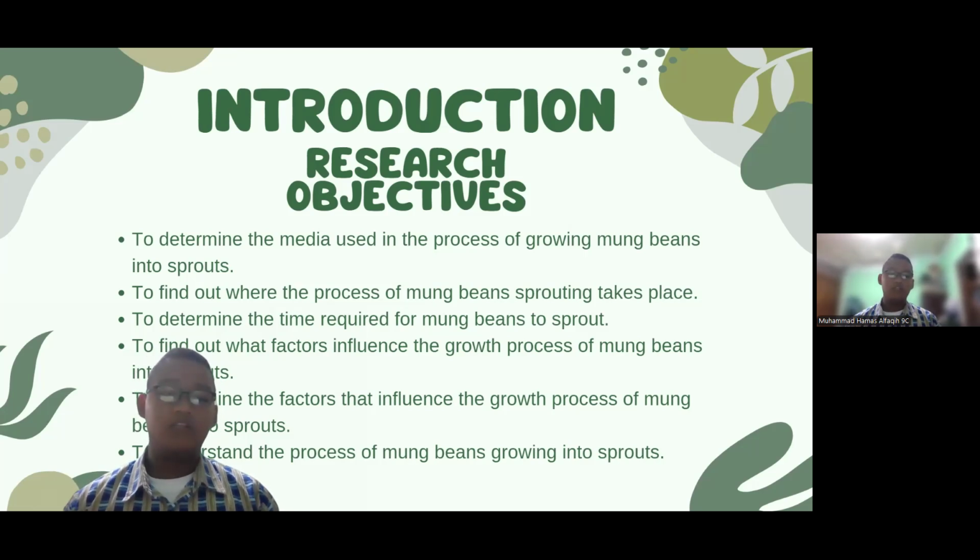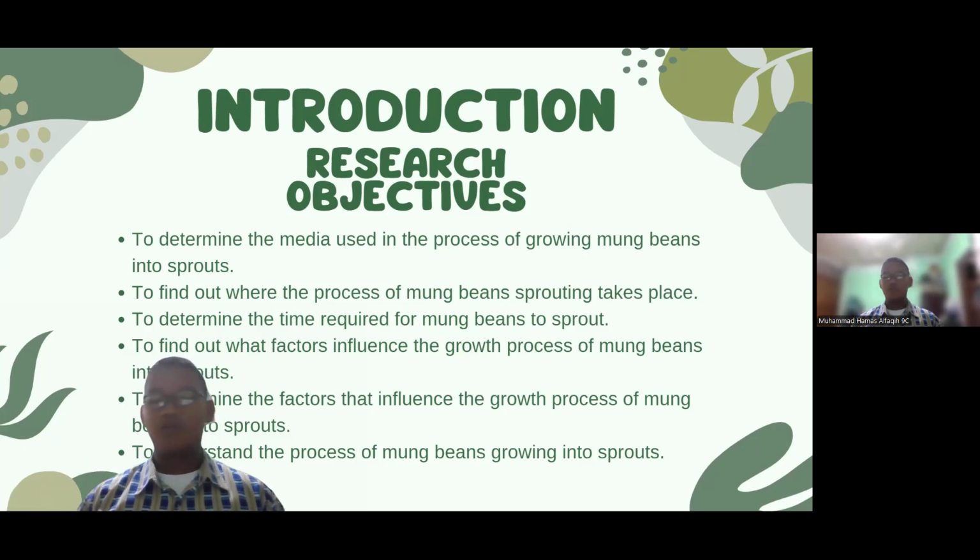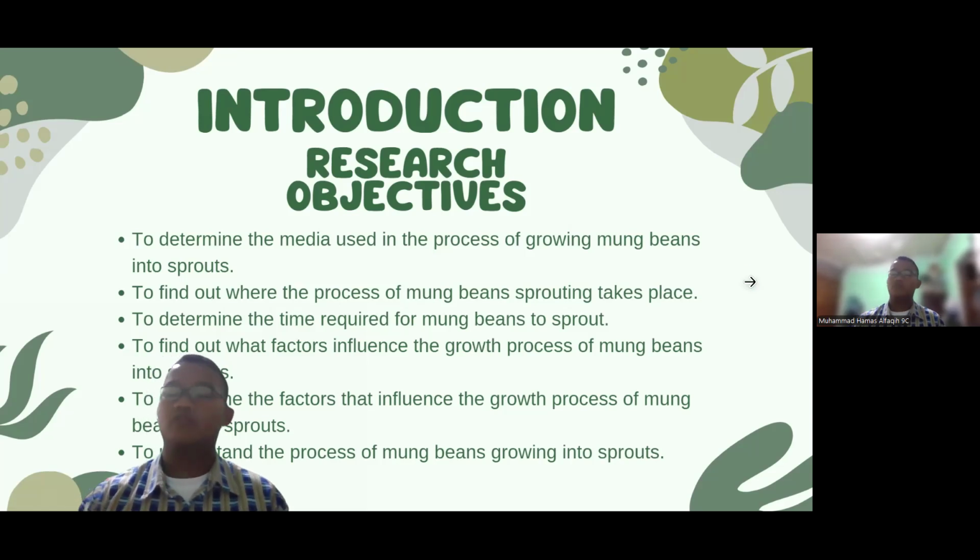The fourth one, to find out what factors influence the growth process of mung beans into sprouts, and the last one, to understand the process of mung beans growing into sprouts.